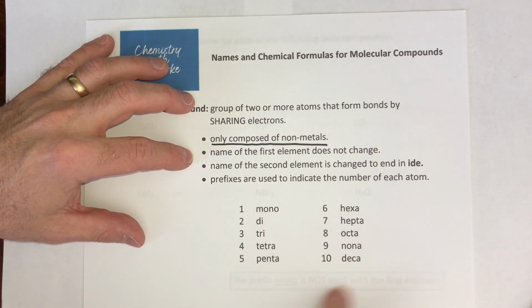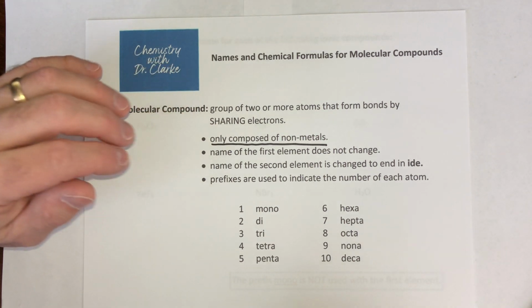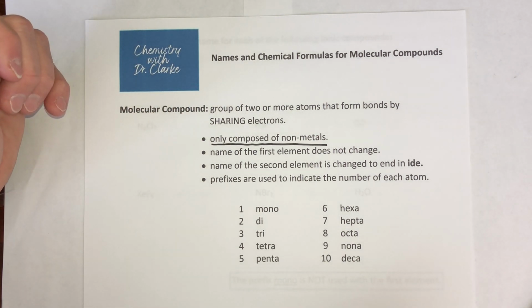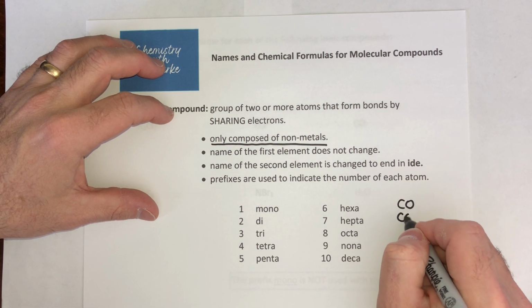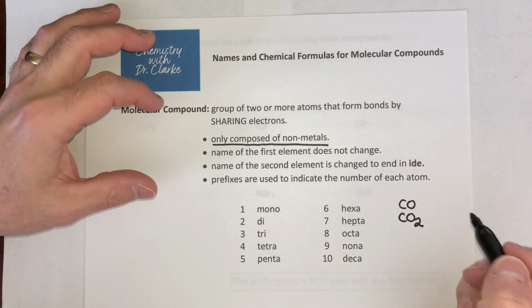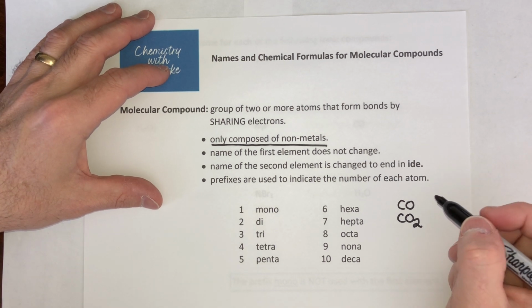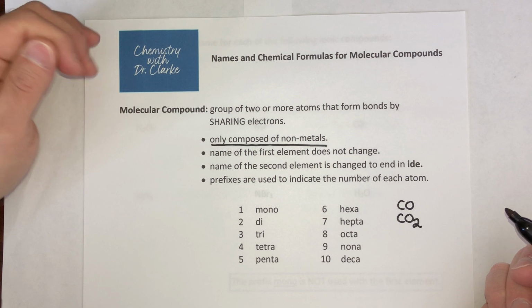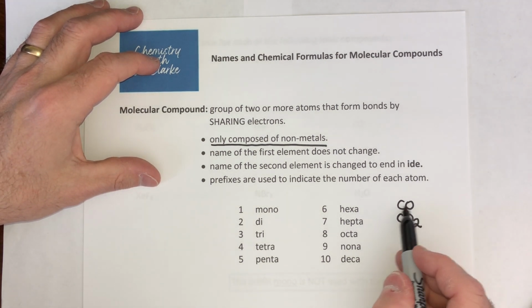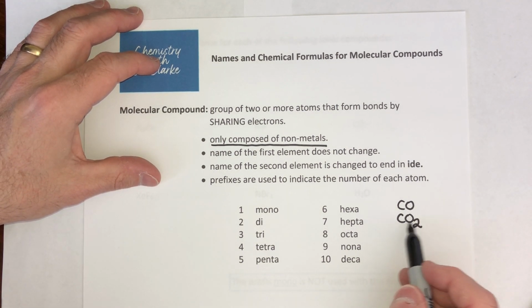And for these, you do have to say how many of each atom you have. Think of carbon monoxide versus carbon dioxide. You can have a molecule that's made out of the same atoms, but just different numbers, right? Carbon monoxide has carbons and oxygens. Carbon dioxide also has carbons and oxygens.